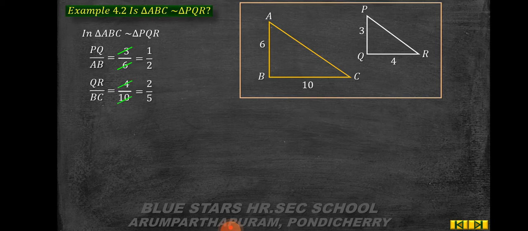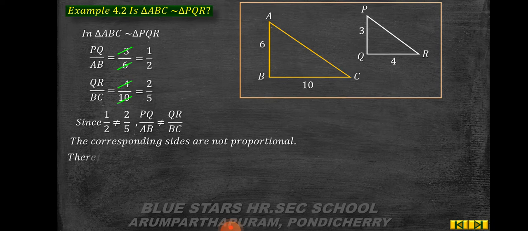You get 2 by 5. Since 1 by 2 is not equal to 2 by 5, PQ by AB is not equal to QR by BC. The corresponding sides are not proportional. Therefore, triangle ABC is not similar to triangle PQR.